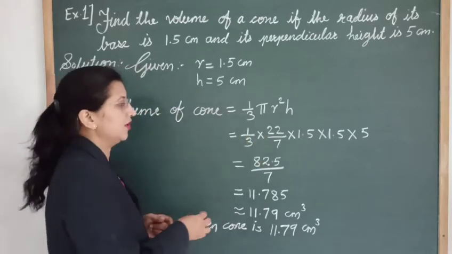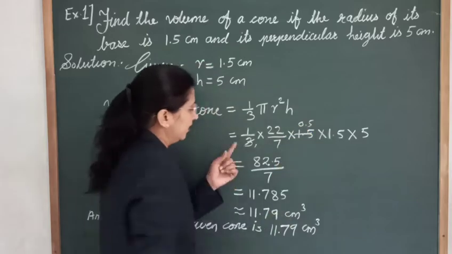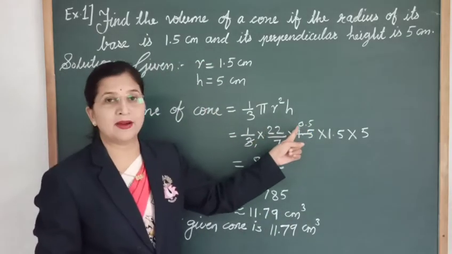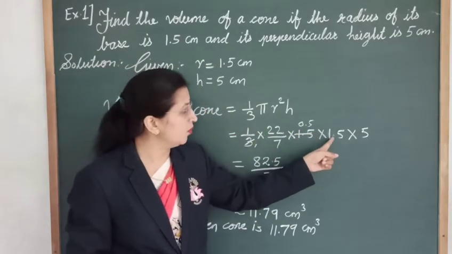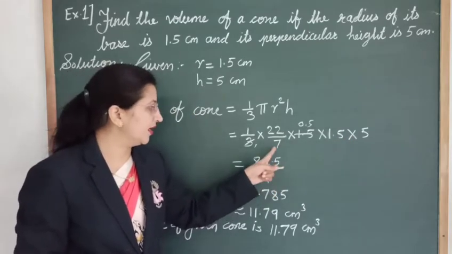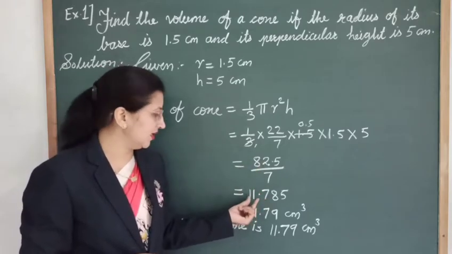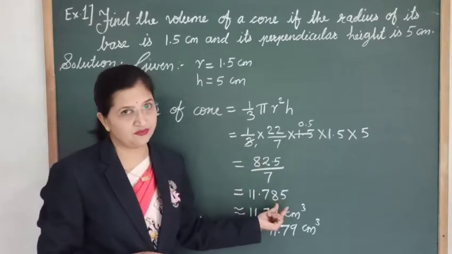Let's solve this. After solving, we will get 22 multiplied by 0.5 multiplied by 1.5 into 5. We get the product 82.5 divided by 7. After dividing, we get the answer near about 11.785.